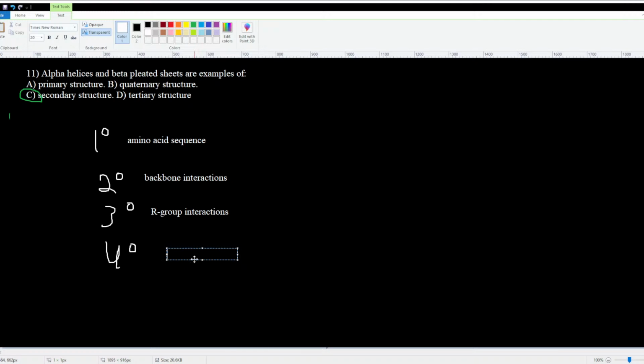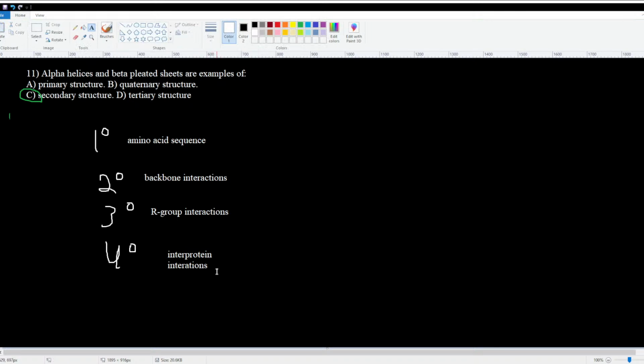And quaternary is going to be protein interactions, or even more specifically, interprotein interactions. Inter meaning between. So, what do these mean?